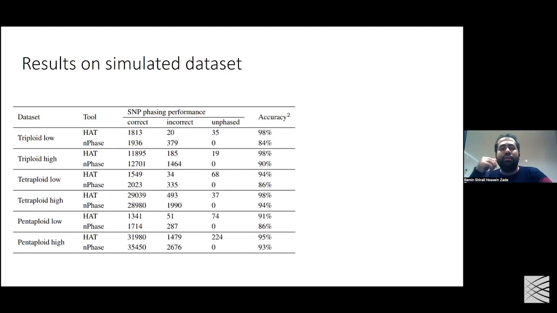And if you also look at the phasing performance, because these are simulated data sets, you can actually compare the alleles that we assign to haplotypes to the alleles that the actual haplotypes had, and then calculate the accuracy based on that. If you check the accuracy, HAT is outperforming nPhase in all of them, but again, nPhase numbers are also very brilliant.